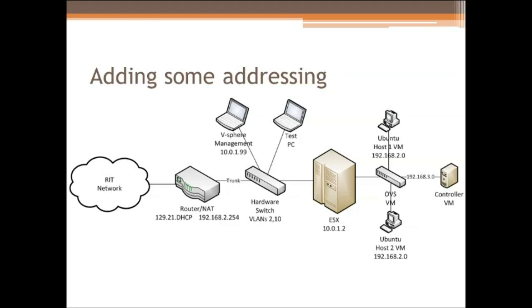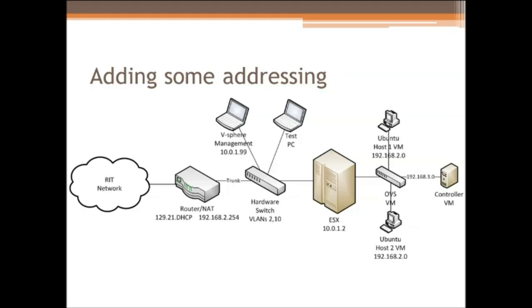Now if we populate this with a little bit of addressing, we can see that really we've got two networks here. We have the 10net and the 2net. The 10net is straight up management, so my ESX Management Interface and my vSphere management node.